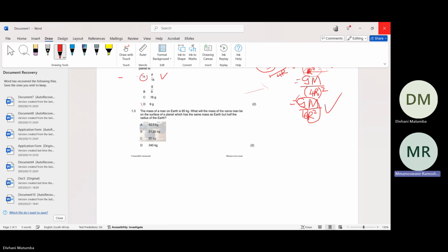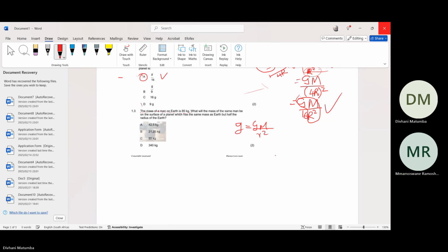Okay, answer C. If I'm only given the mass of the man, can I not use g equals GM over R squared? Let's use it.